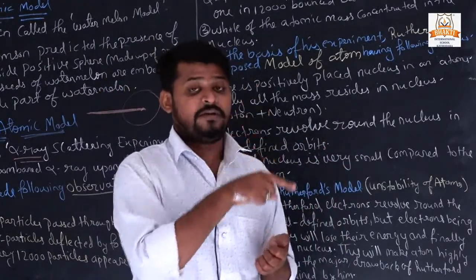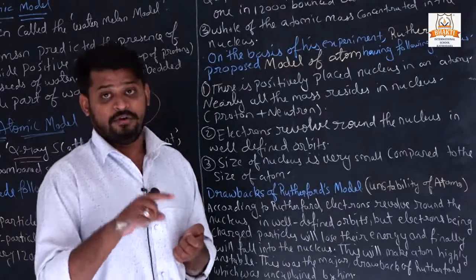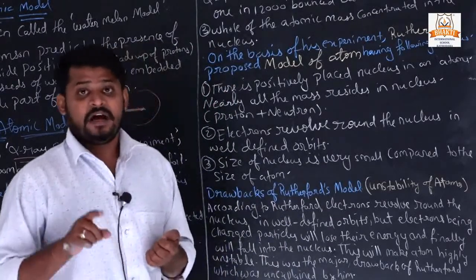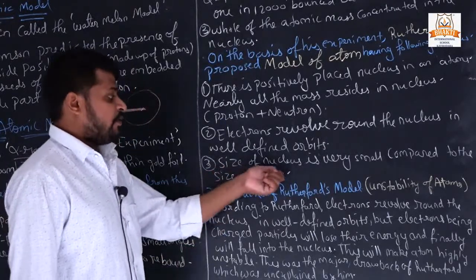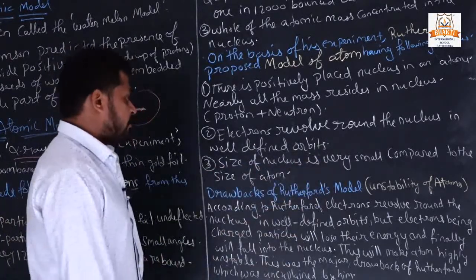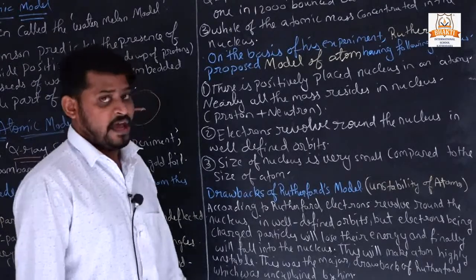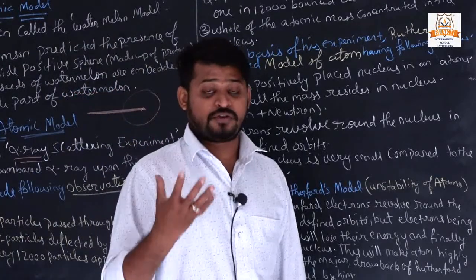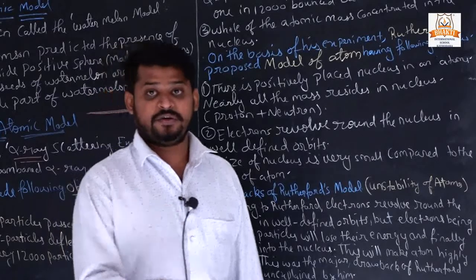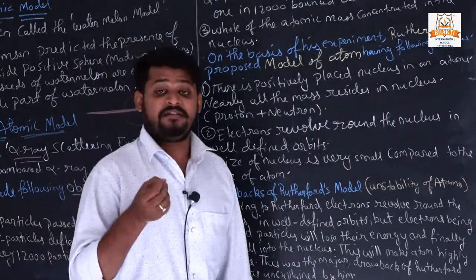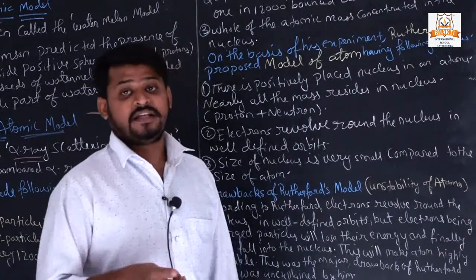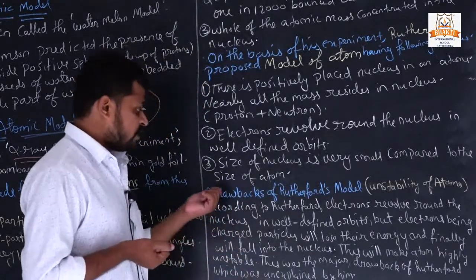So electrons revolve around the nucleus in the atom in a specific orbit. The size of the nucleus is very small compared to the size of the atom, and the atom is very big compared to the nucleus.